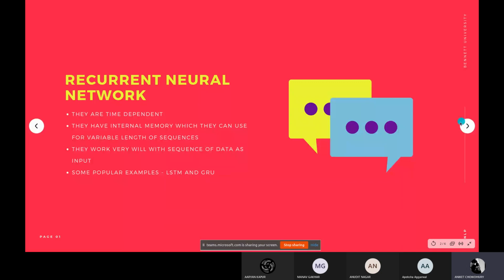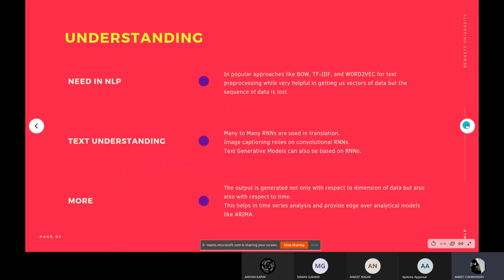And why do we need them in NLP? We have seen approaches like bag of words, TF-IDF, and word2vec. Sequential information is often lost because we only have word-by-word probability in the vector. Even though word2vec retains some sequential information, a lot of it gets lost.